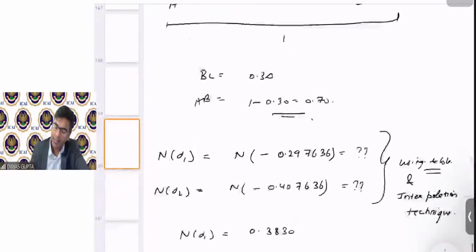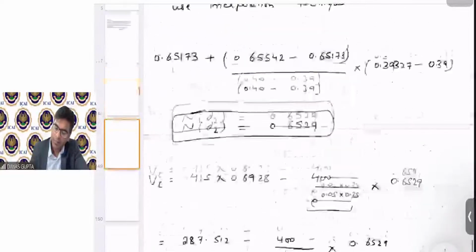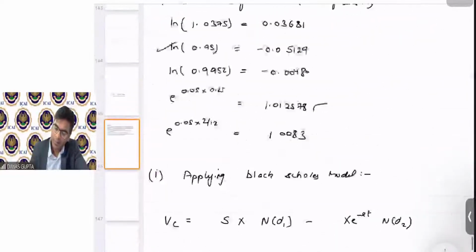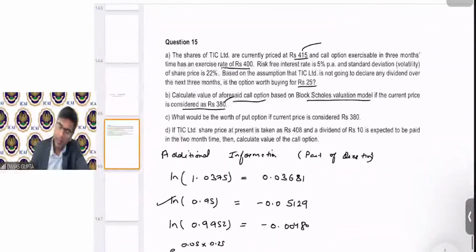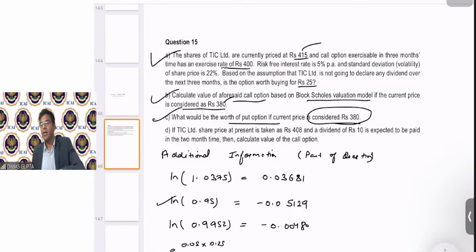Let's move ahead, students. A part is done, B part is done. Now C part. What would be the worth of the put option if the current price is considered as 380, students? Now, how will you calculate the put option? Yes, Namrata, the lower the spot price, the value of the call decreases. Now tell me, students, the facts are given to you.